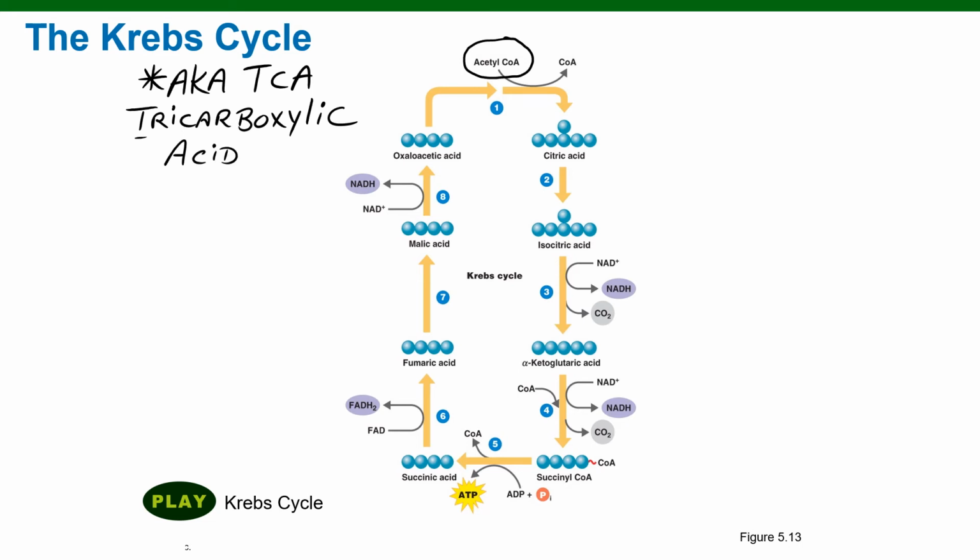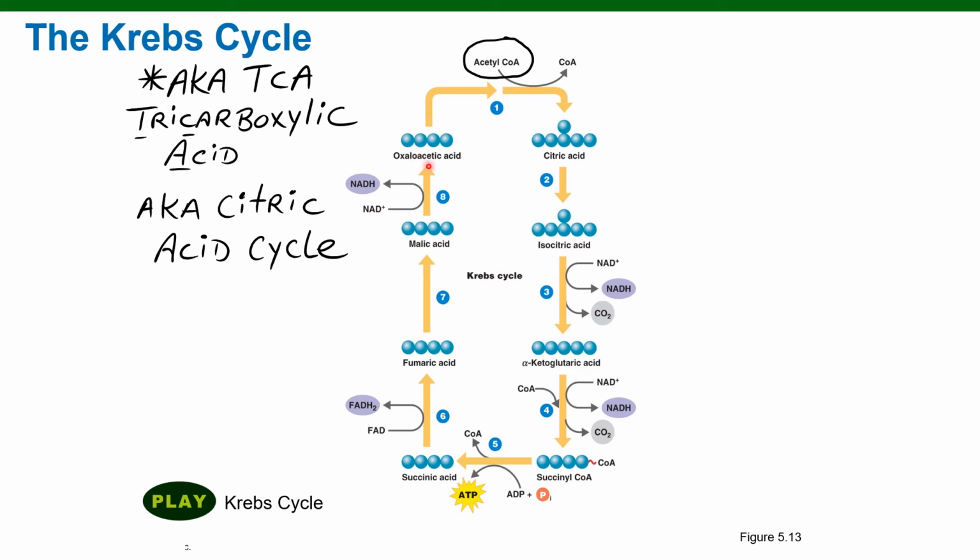So tricarboxylic acid is also known as citric acid. So another name for the Krebs cycle is the citric acid cycle. So pictured here, where acetyl-CoA goes in, we see citric acid form, and it is a 6-carbon molecule represented by the 6 blue circles here, right after step 1 that says citric acid.